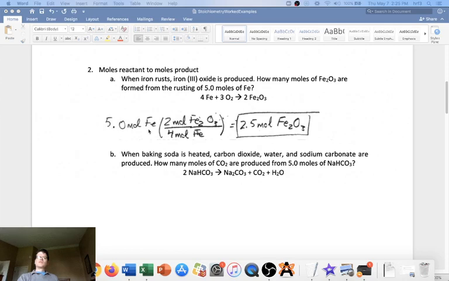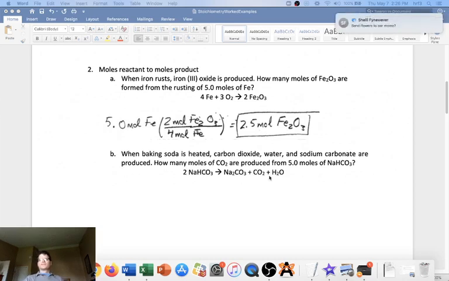So just take your 5 moles of iron, multiply by 2 moles of rust for every 4 moles of iron, and you get 2.5 moles of rust, or iron(III) oxide. See if you can do this similar problem that involves baking soda falling apart.